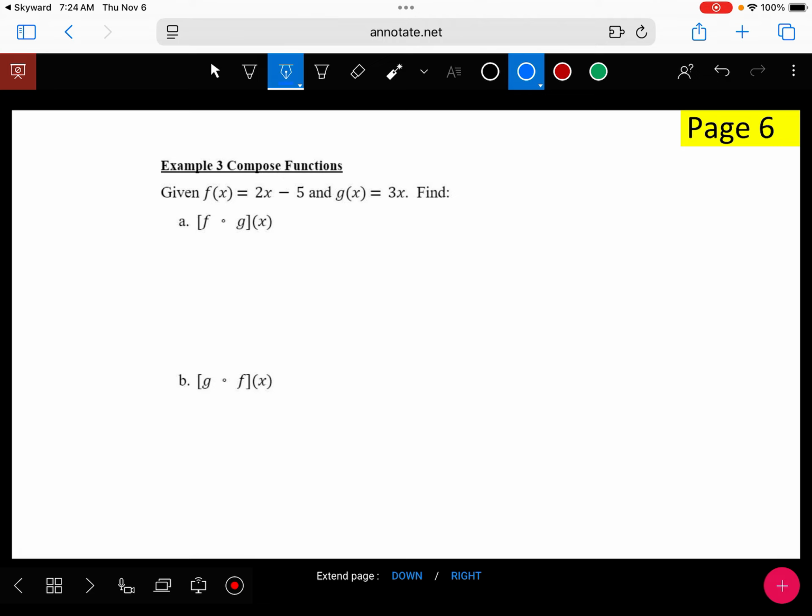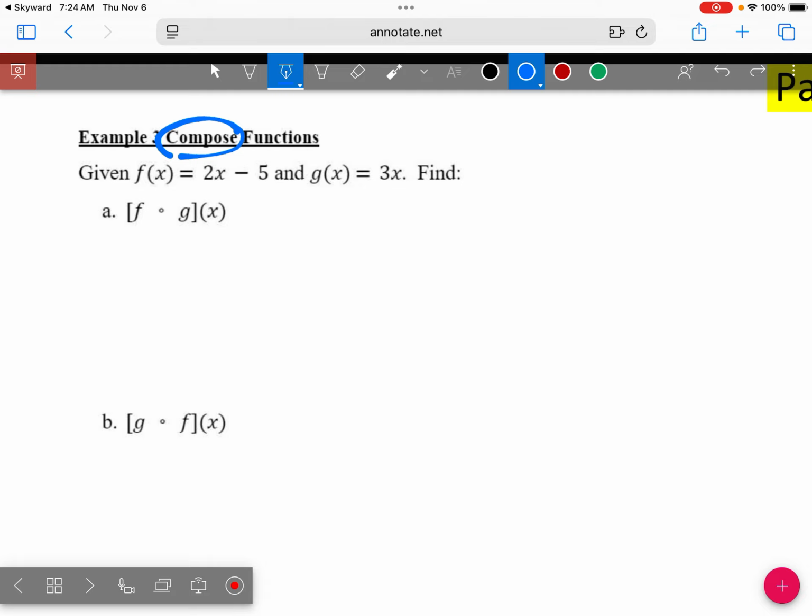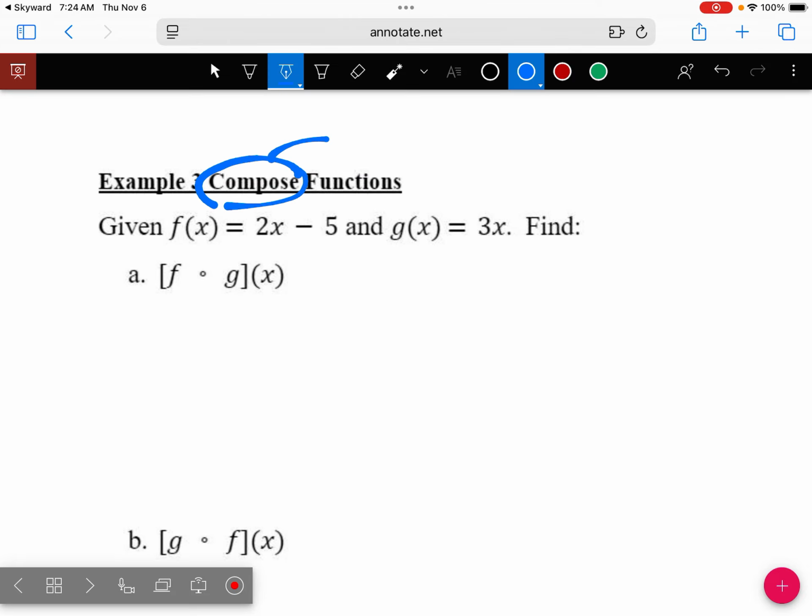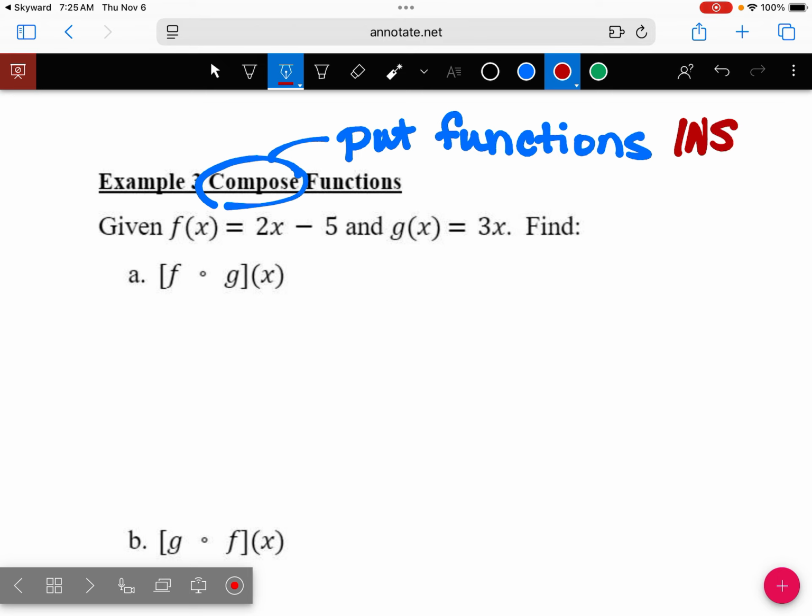And what we're going to do, what this word means, compose, that means put functions inside each other. That's what that means.